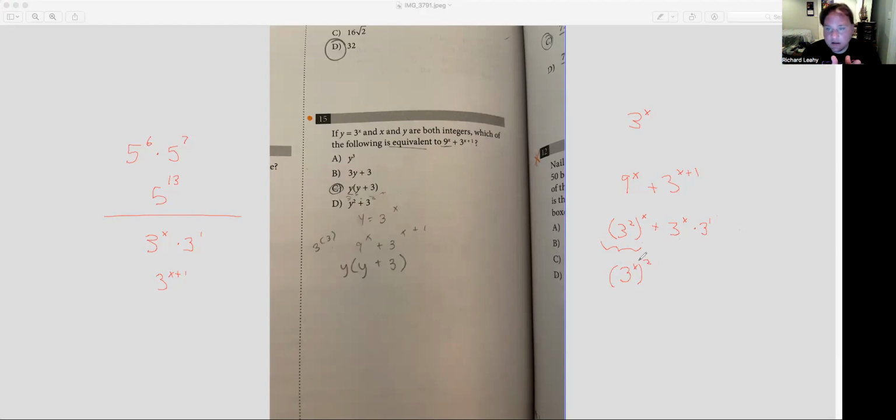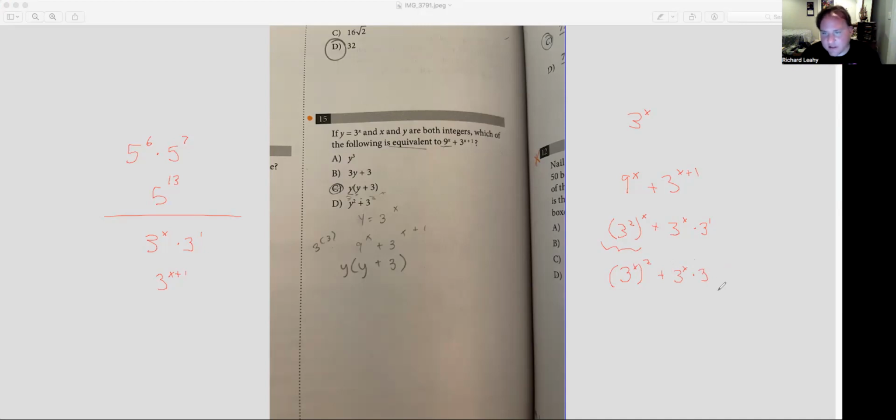So 3 to the second power to the x is the same thing as 3 to the x to the second power. You can switch. This is the commutative property. So now we have this and 3 to the x, and I shall change this 3 to the first to a 3.